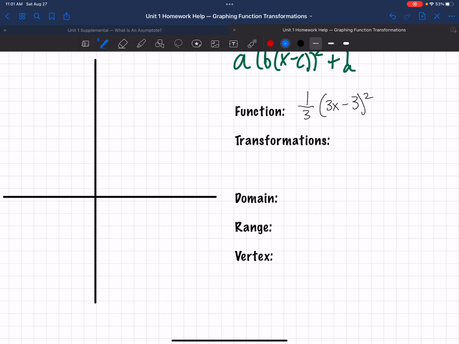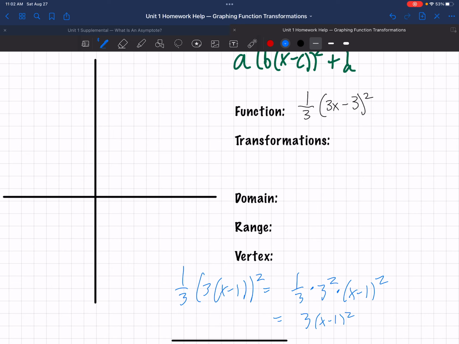Now, the cool thing is I could actually play around with this to make it a simpler function. I'm going to show you this real quick. If I factor out 3, then I can square that 3 so that it's 1/3 times 3 squared times x minus 1 squared. And 1/3 times 3 squared, well, 3 squared is 9. 1/3 times 9 is 3.